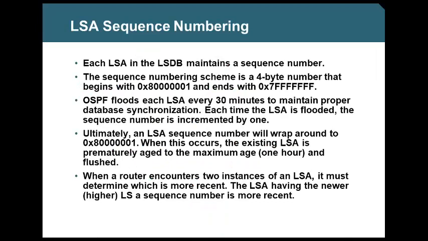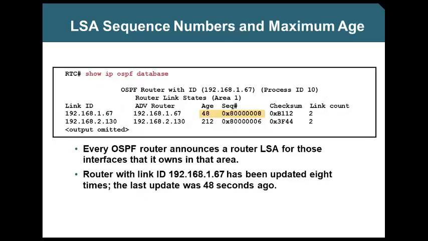For example, if you see this output, what does it show? This particular router has advertised some change to this router C, and it was the 8th update. See, sequence number is 8, and this 8th update came 48 seconds ago.